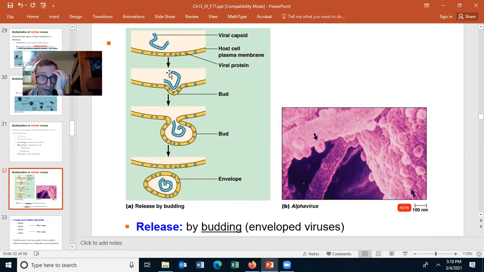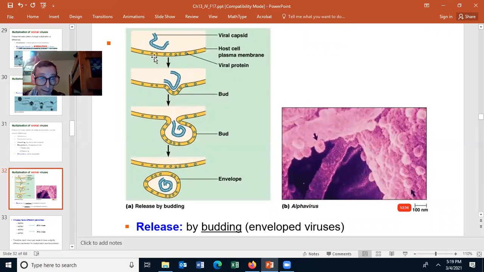And you'll notice that the virus will bud out of the membrane at a region of the membrane that has the viral proteins in it. That's just something you should know, but I'm probably not going to question you on that. But the point is that the virus puts proteins in the membrane, and then it'll bud out of that membrane.